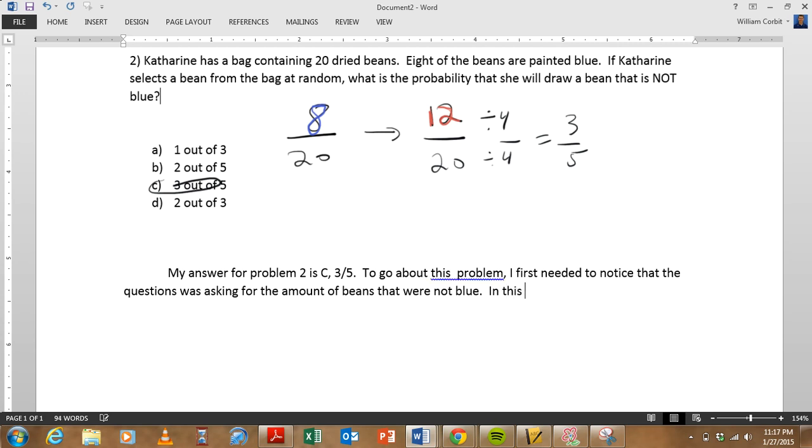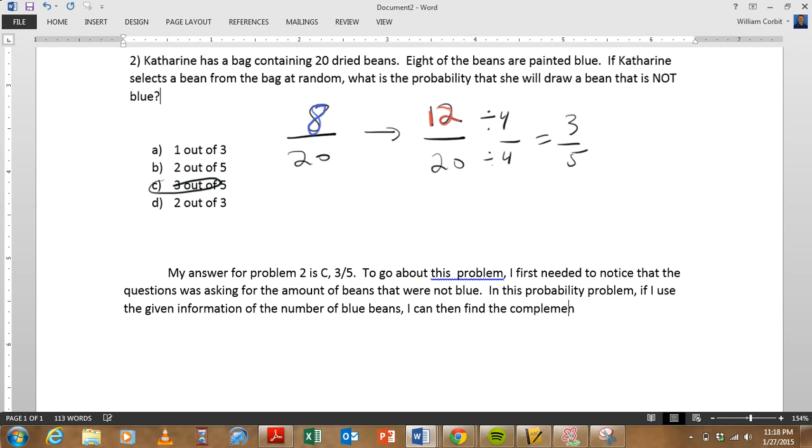In this probability problem, if I use the given information of the number of blue beans, I can then find the complement to find my answer.